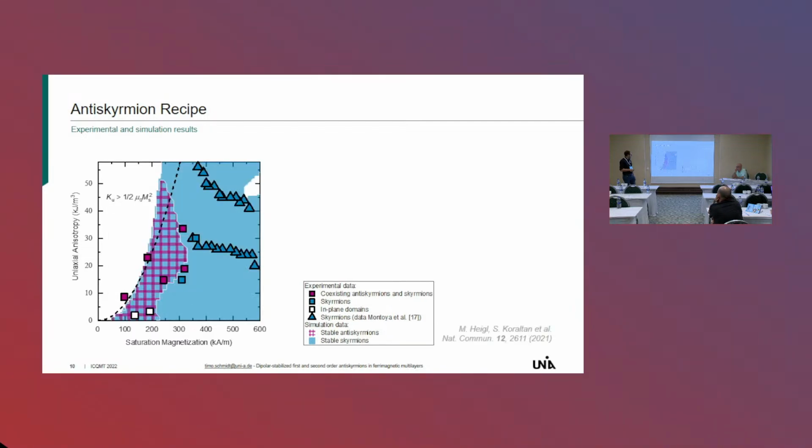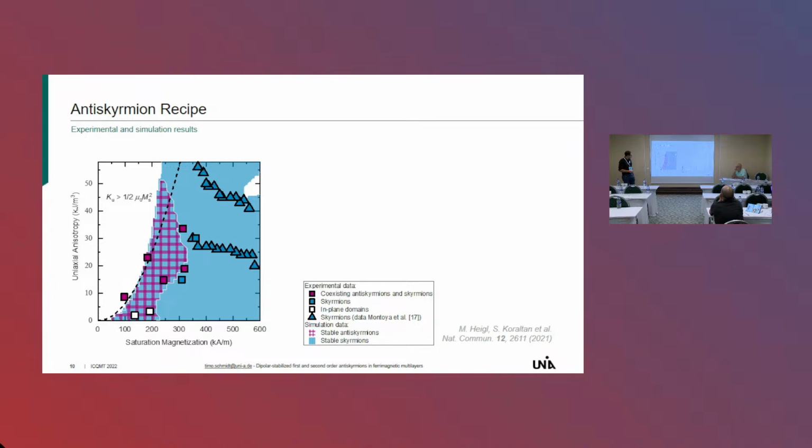And with a little bit of simulation data for these stable anti-skyrmions and stable skyrmions, also from our friends from Vienna, we see that this phase map also agrees very well with the experiments.